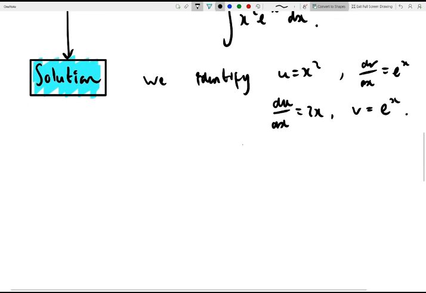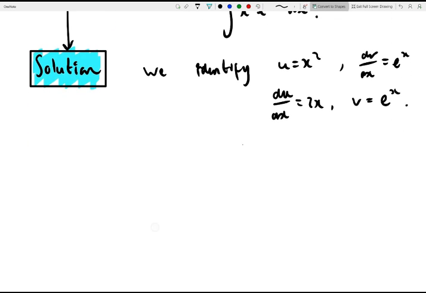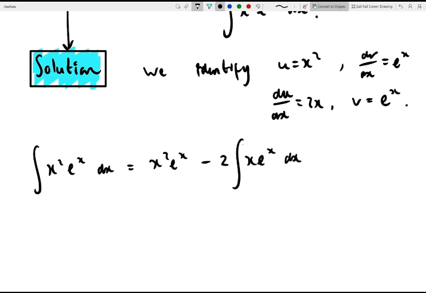Then we substitute this all into the formula. So the integral of x squared e to the x dx is equal to x squared e to the x minus 2 times the integral of x times e to the x dx.